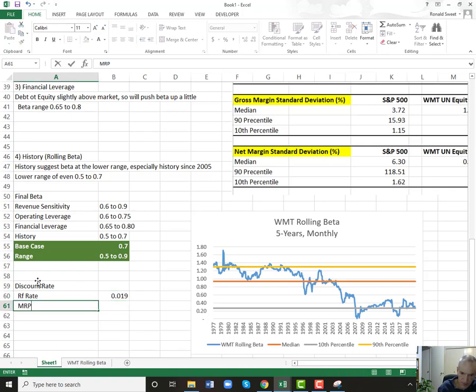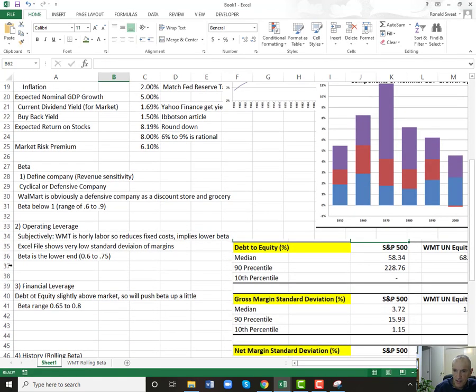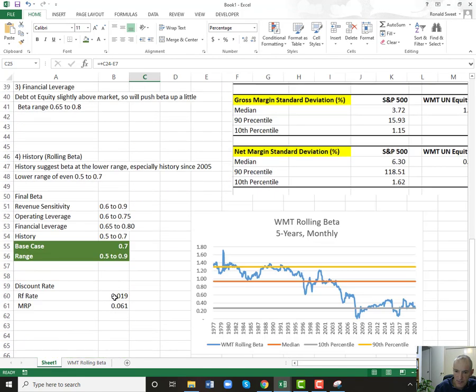Our market risk premium, we're using what, 6.1 there, I think, or was it 5 point? I can't remember. 6.1 there. And then our beta, this is the base case. Here we're going to use 0.7.